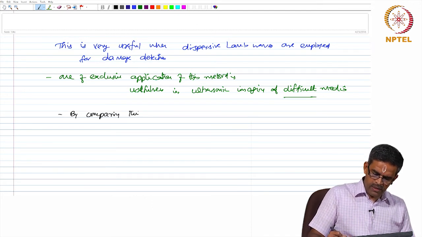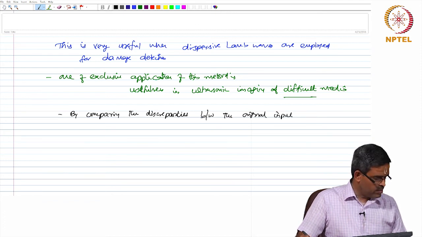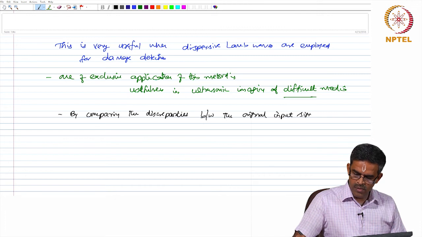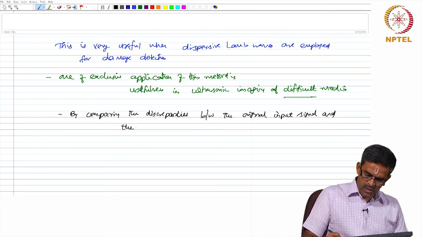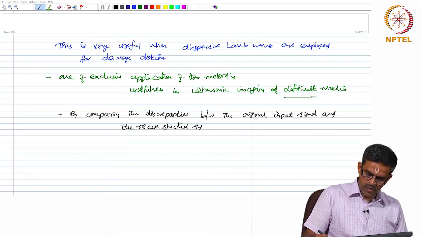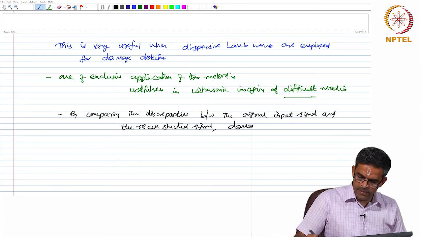By comparing the discrepancies between original input signal and the reconstructed signal, damage can be detected.